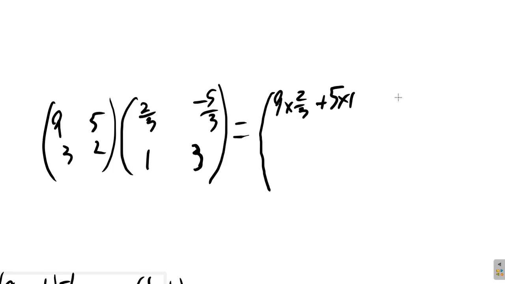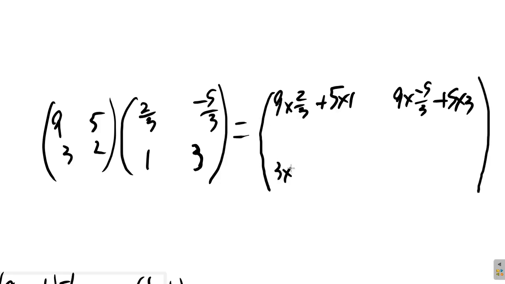That's 9 by negative 5 third plus 5 by 3. Then row 2 by column 1 is 3 times 2 third plus 2 times 1.